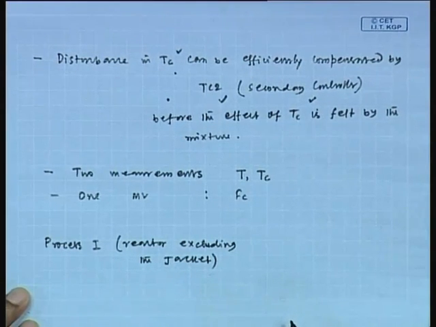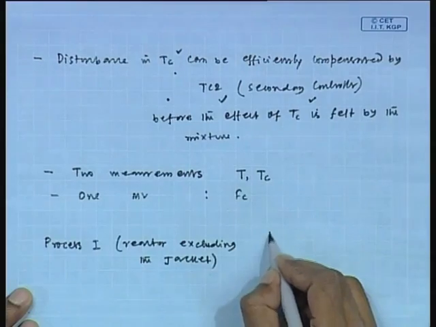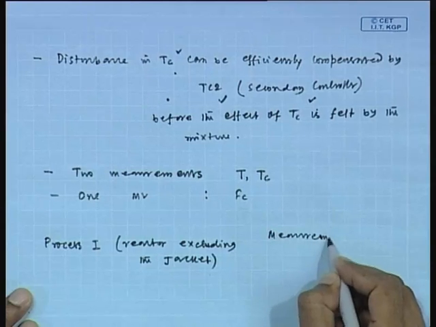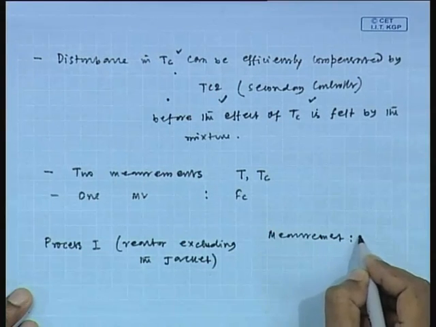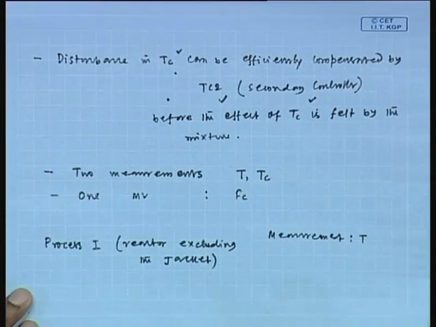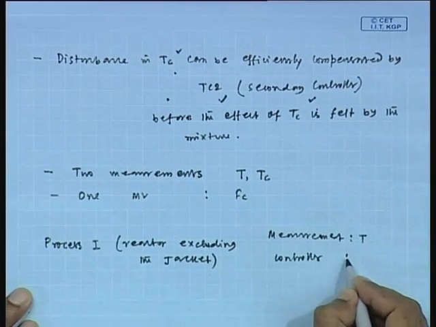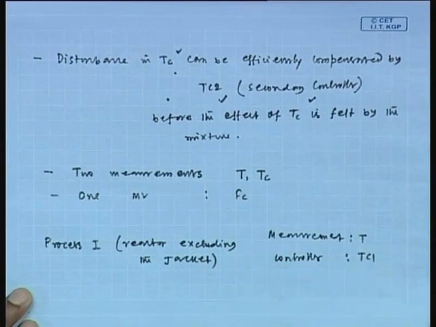The jacketed CSTR consists of two processes. One is process 1, which is the reactor excluding the jacket, and here the measurement variable is T, controller is TC1.